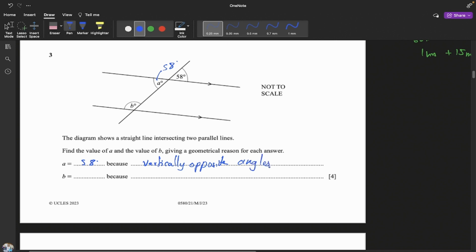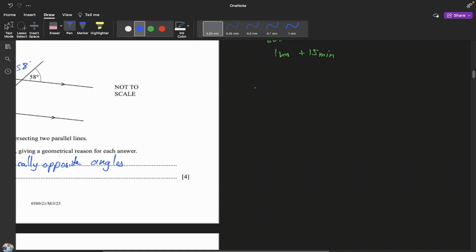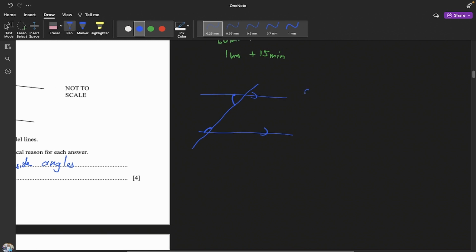B. Here comes the part of calculation. When two parallel lines are intersected by a line, this angle and this angle are allied angles. If this is A and this is B, A plus B equals 180.